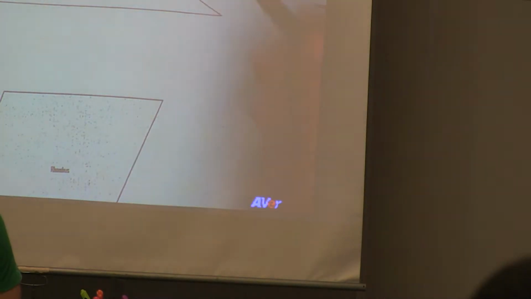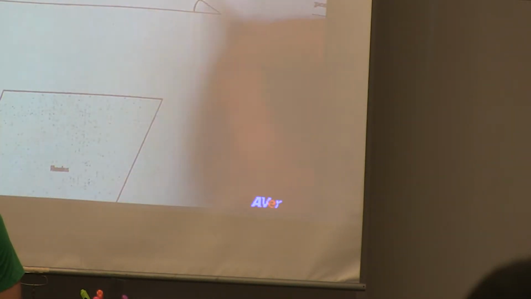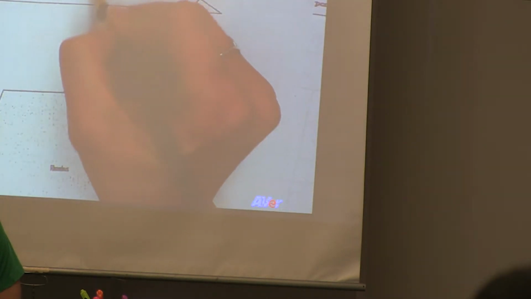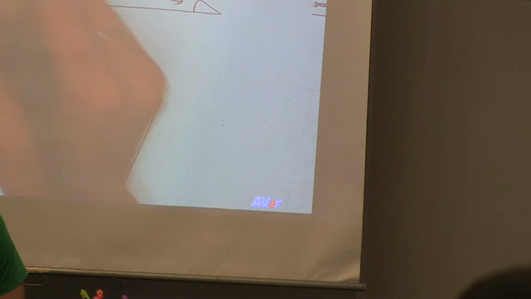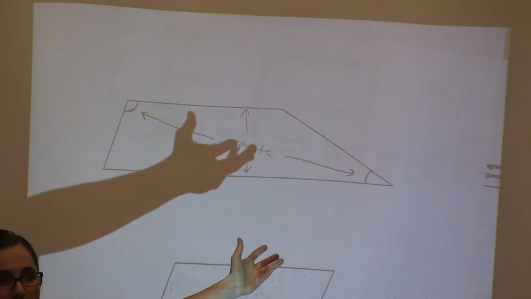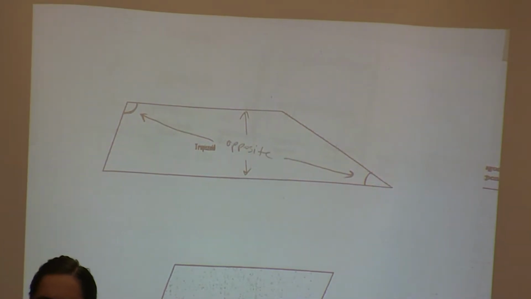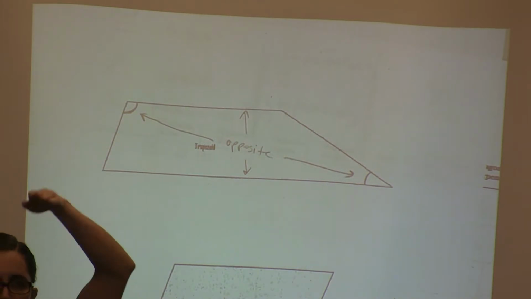Okay? So this angle is opposite that angle. They're opposite because they're not touching in any way. Very simply. So don't think too hard about which angle and what side. It's just there are two opposite angles and there are two opposite sides.